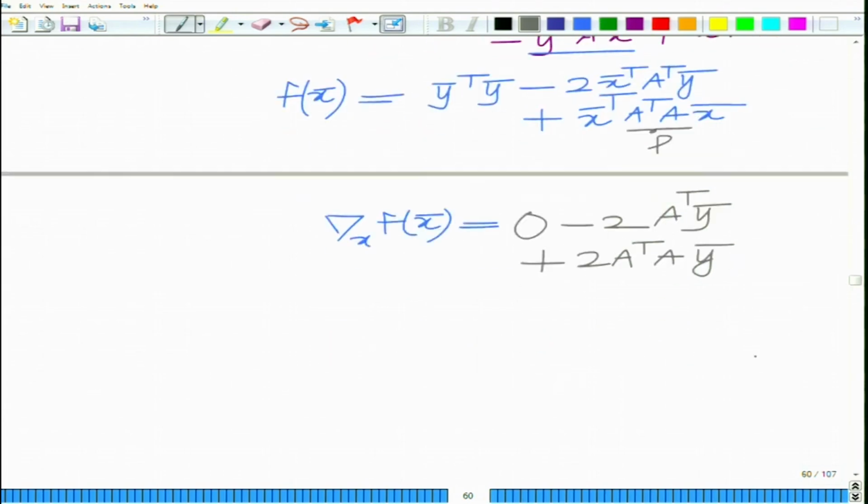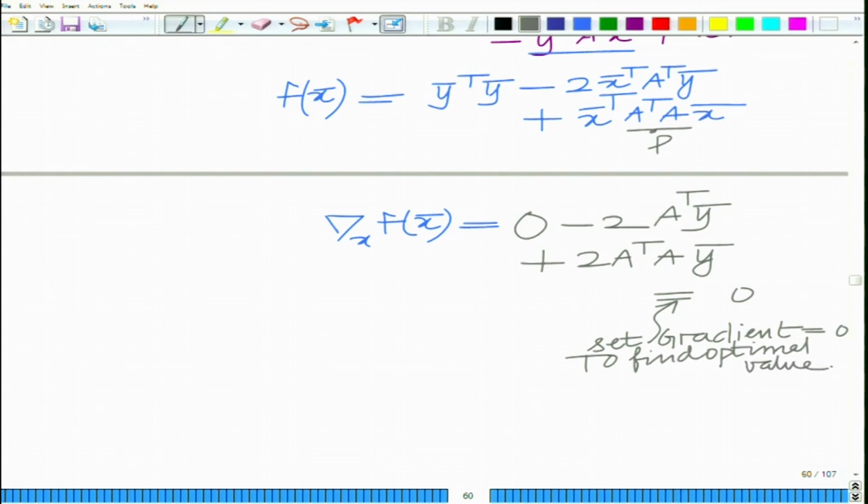Now, you set the gradient equal to 0 to find the optimal value. Now these 2's cancel, okay, you cancel the 2.